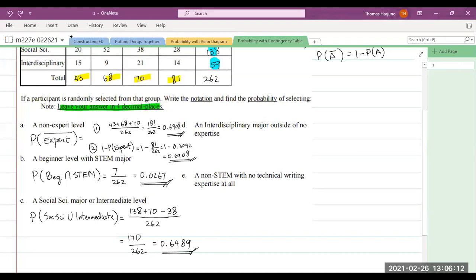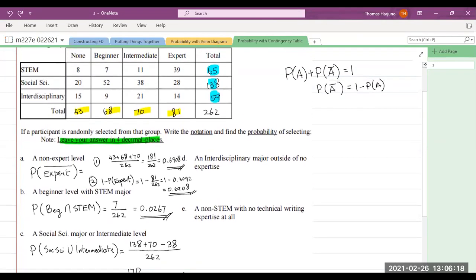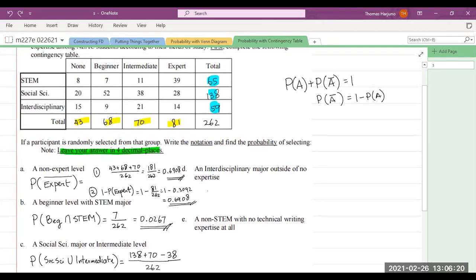Find the probability of selecting an interdisciplinary major outside of no expertise. Okay. Probability of selecting interdisciplinary and outside of no expertise.